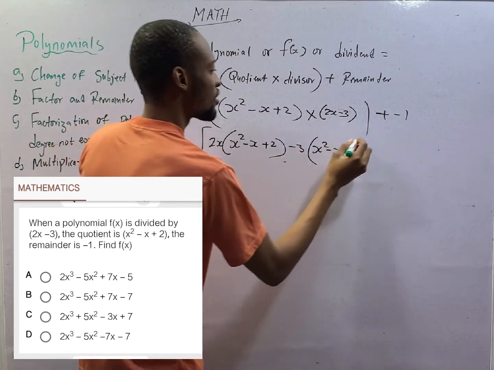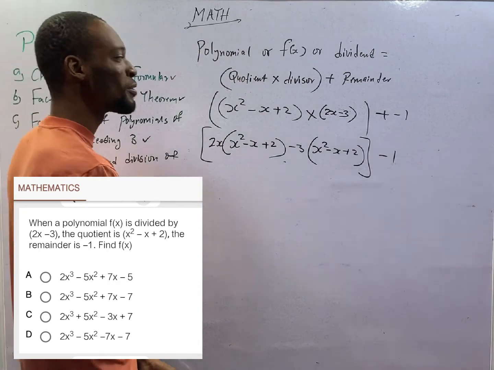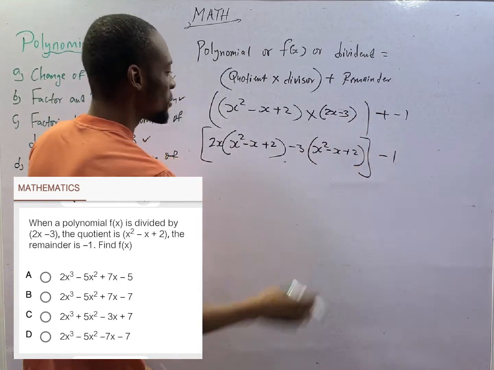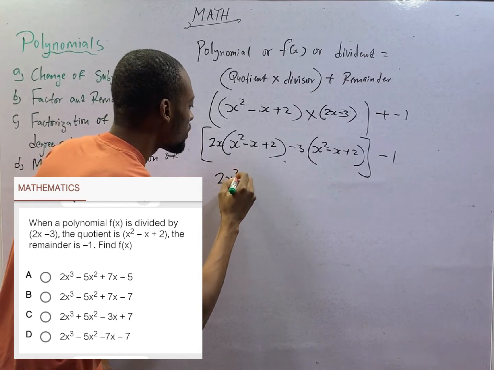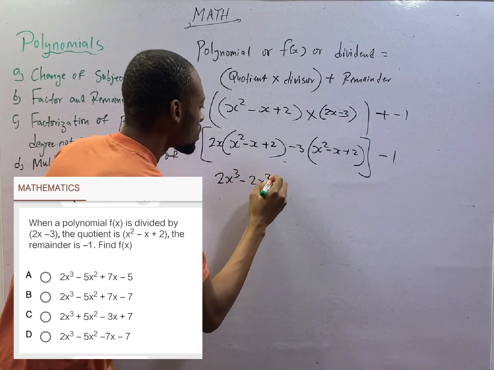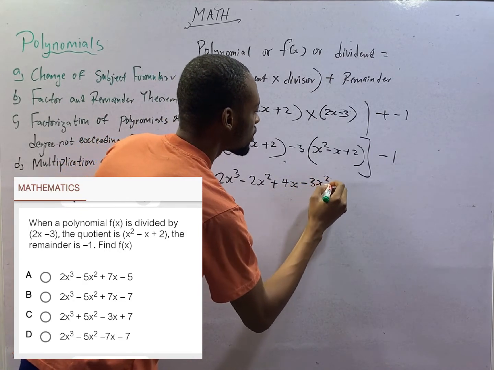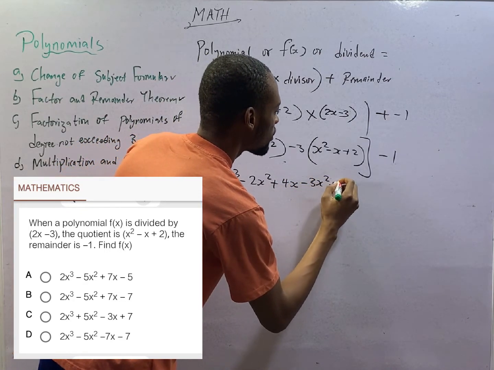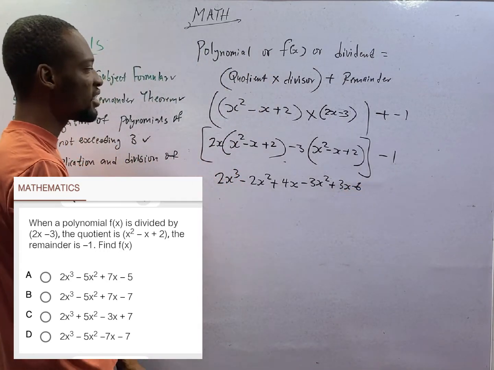So this is minus 1, plus minus 1, plus minus is minus. Here we give you 2s raised to the power of 3 minus 2s squared plus 4s minus 3s squared plus 3s minus 6. That is it.